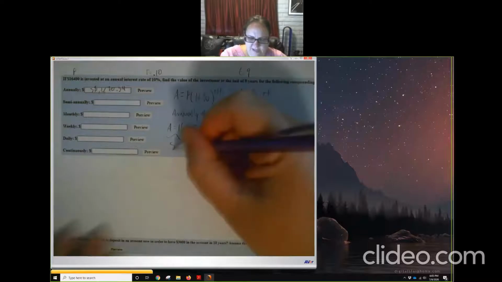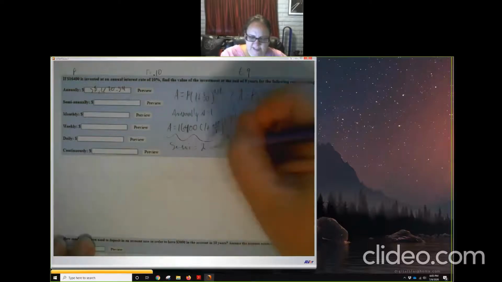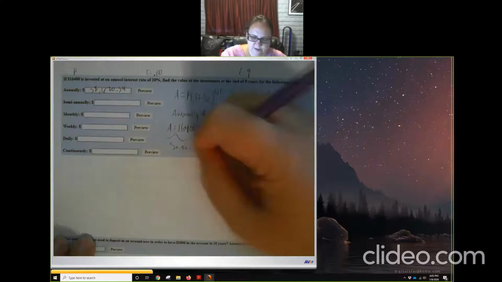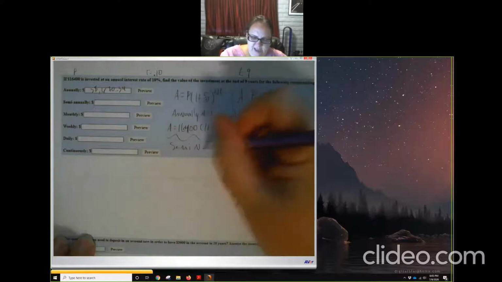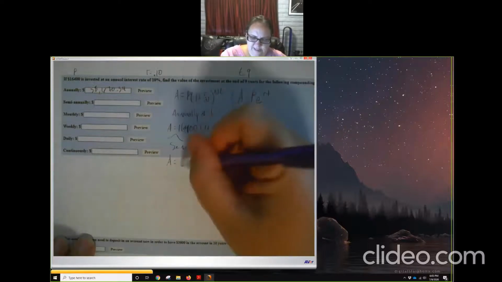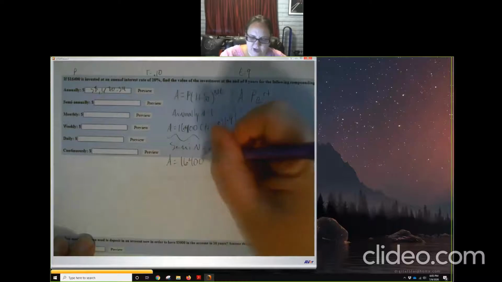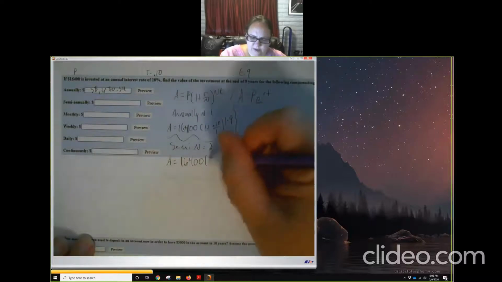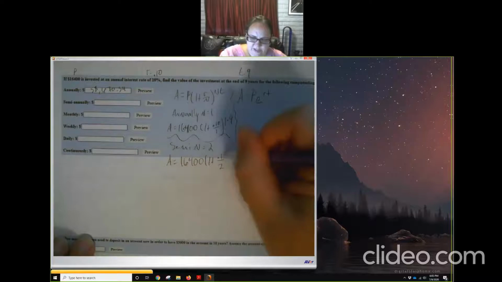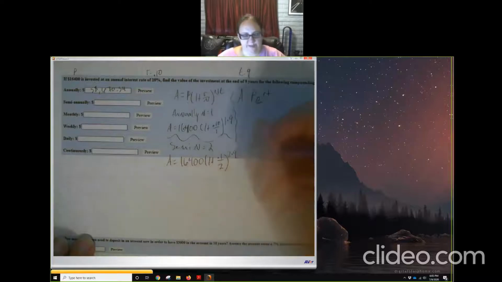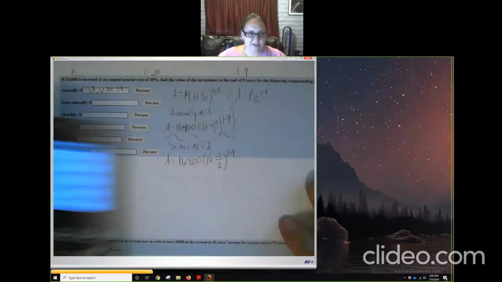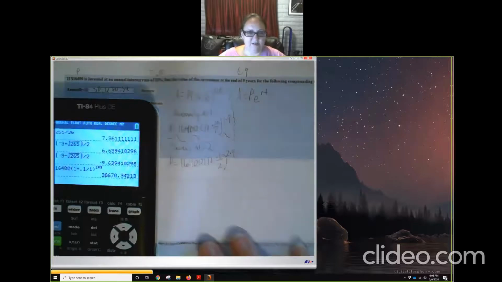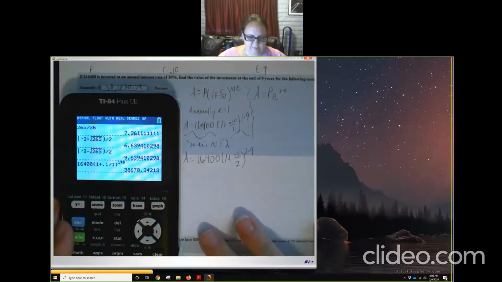Semi-annually would be twice a year. So that means that N equals 2. So then I have A equals 16,400, 1 plus 0.1 over 2 to the 2 times 9. And so in my calculator, I'm just going to press second enter. That's going to pull up my last thing.